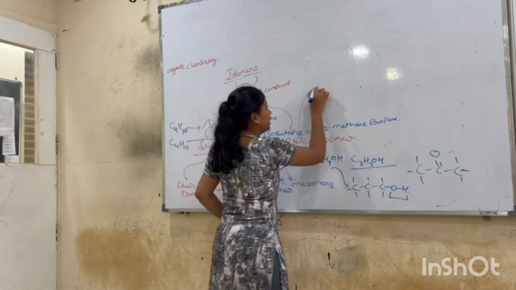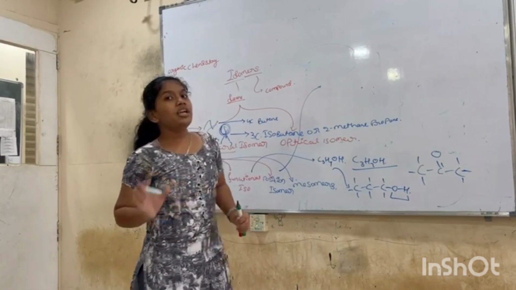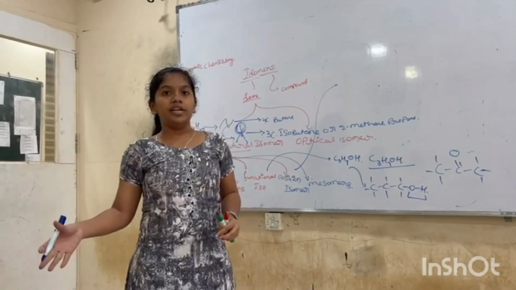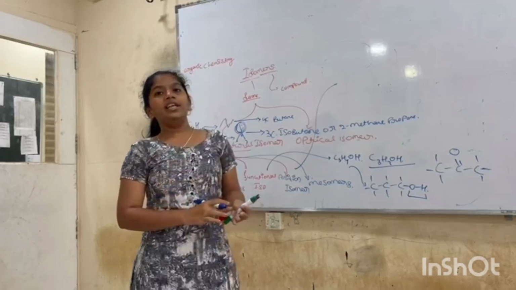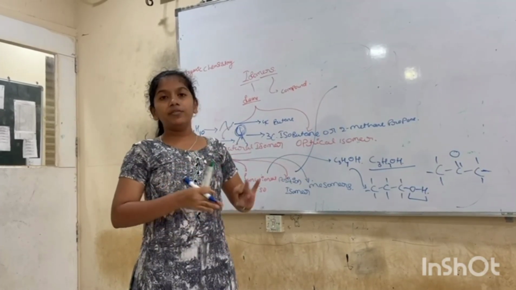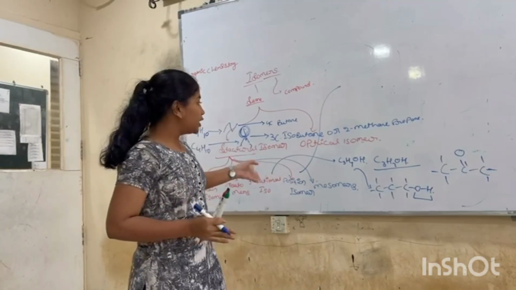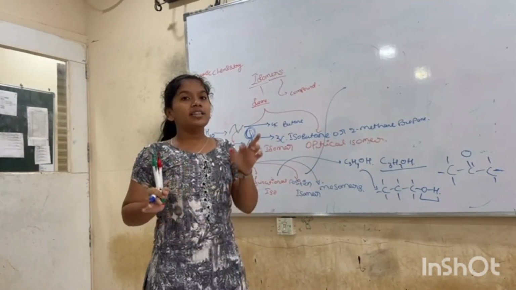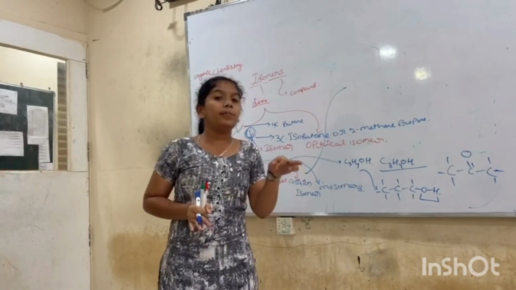Third one is positional isomer. Positional isomer means the position was different. The parent chain is the same. The molecular formula is the same. Their functional group is also the same. But in this case, only the position of the functional group changes.